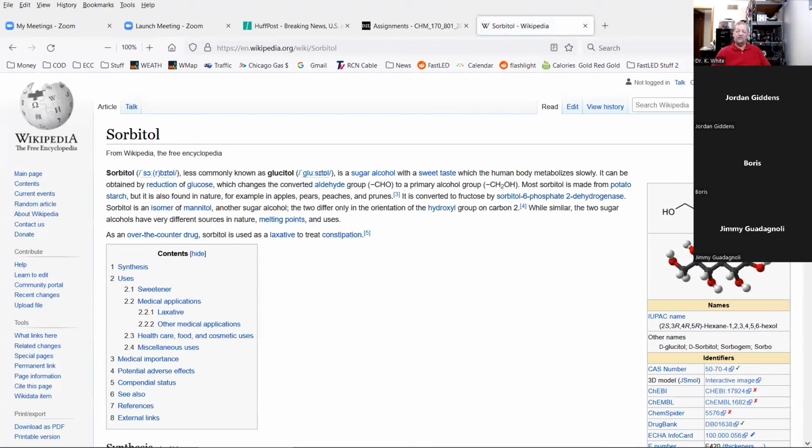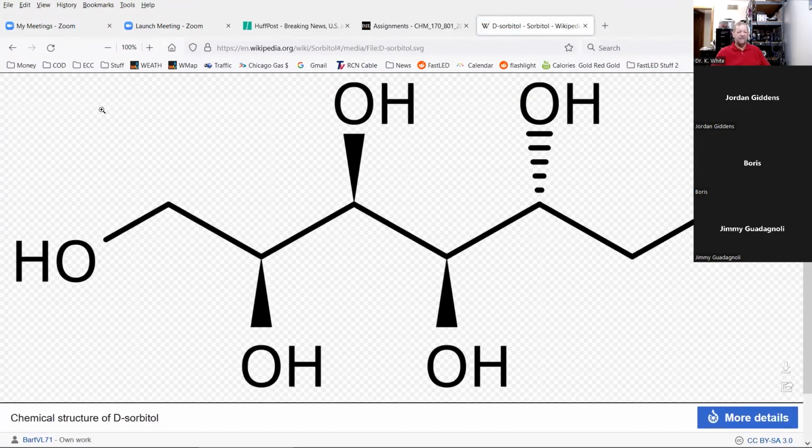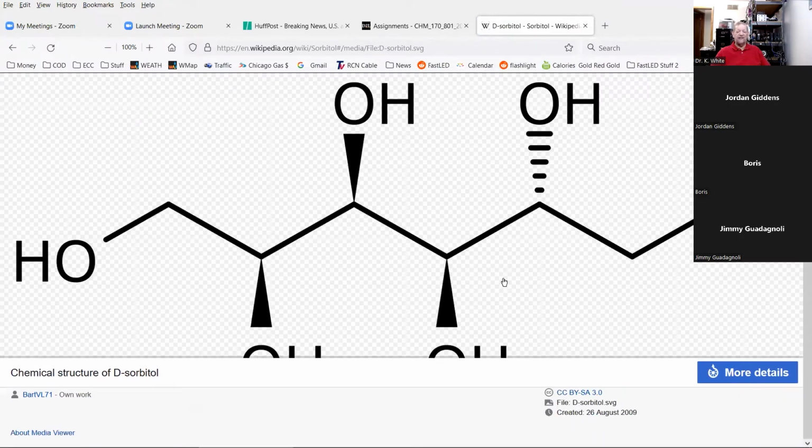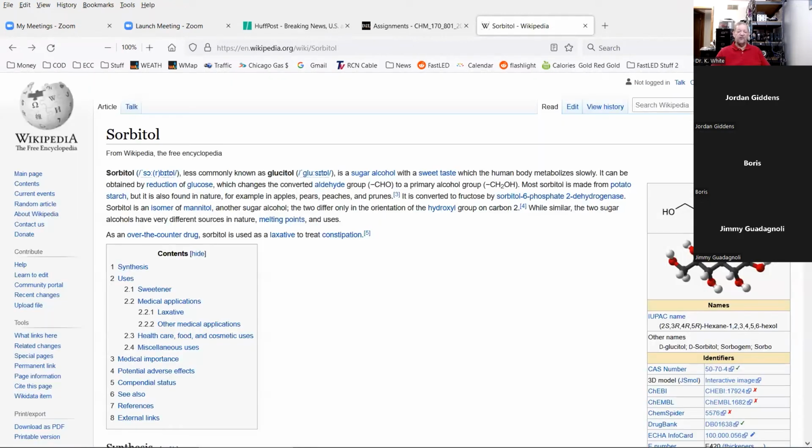If you look at sorbitol on Wikipedia, here's the molecule. Each line is a carbon, 1, 2, 3, 4, 5, 6, and each carbon has a hydroxyl group, which is what we just showed. Now, what's sorbitol? Well, it's a sugar alcohol. It's something that tastes sweet, but your body doesn't metabolize it quickly.